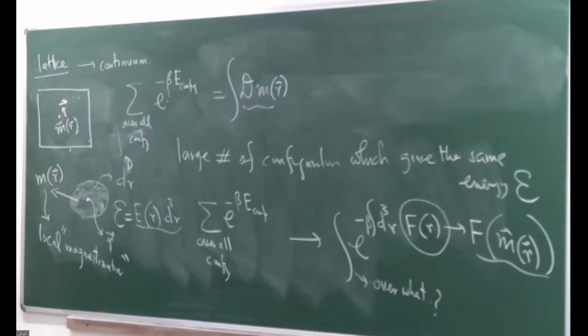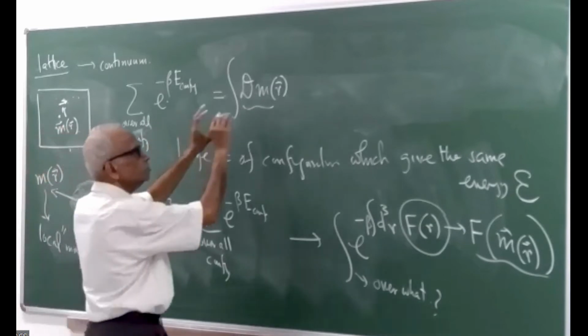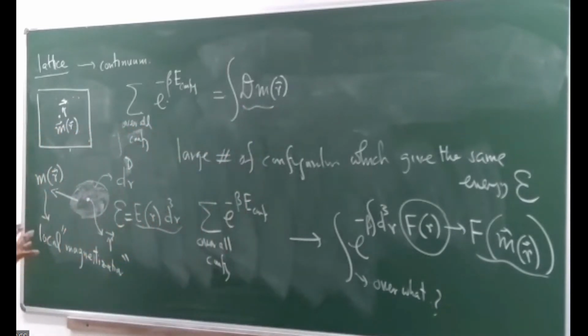Whatever it is, m of r is a function. And what you are saying is that the sum that you have to carry out is over all possible functions m of r, all functions in the world. m of r is not constrained in any way. It has to cover all possible functions, period.